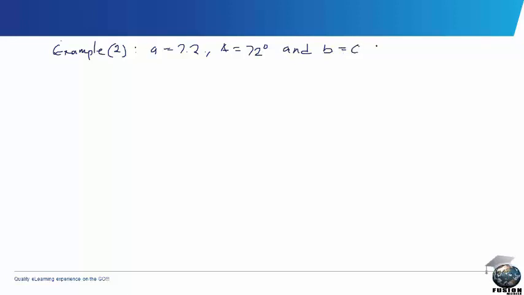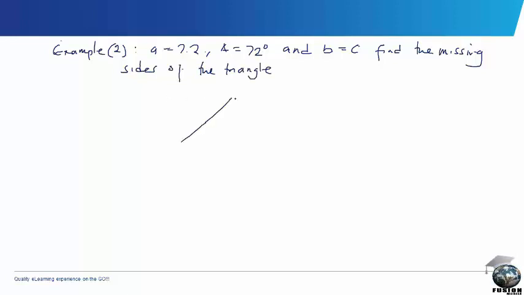We are told to find the missing sides of the triangle. So assuming this is our triangle with vertices A, B, and C. Solution 2.